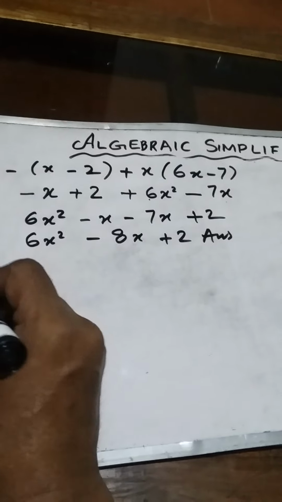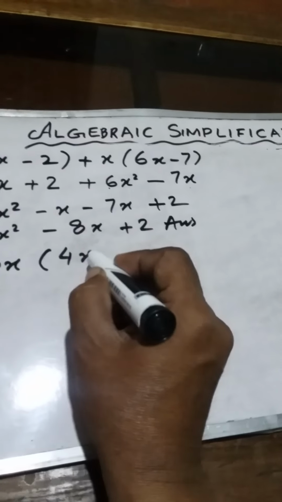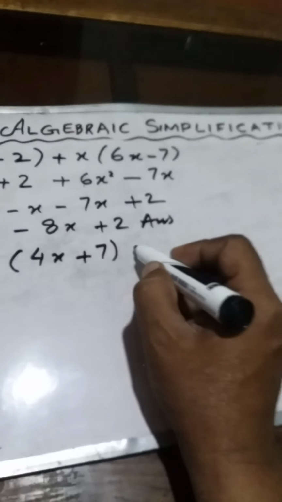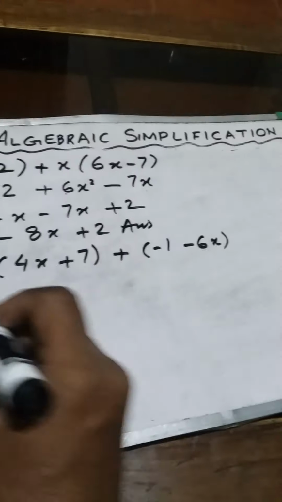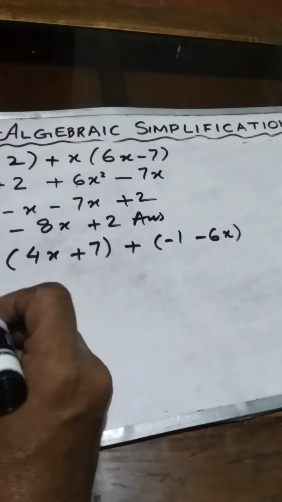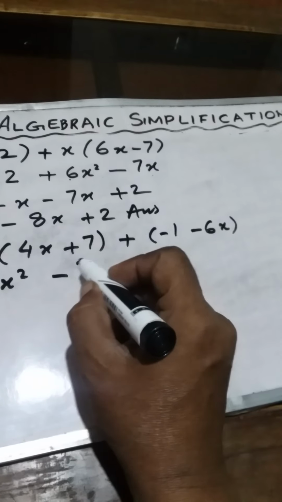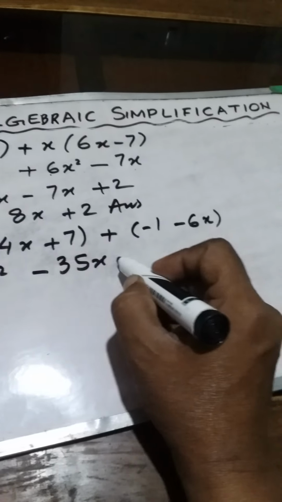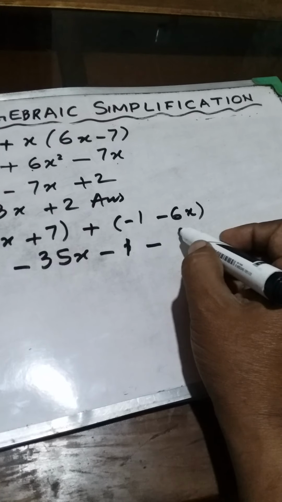Now the second question is minus 5x times 4x plus 7, plus minus 1 minus 6x. Minus 20x square minus 35x minus 1 minus 6x.